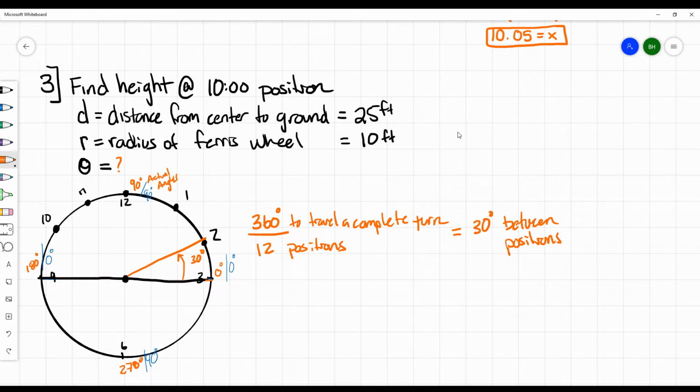And so there's two ways for us to think about it. The first way is going through the actual angle of this 10 o'clock position to figure out what it is.